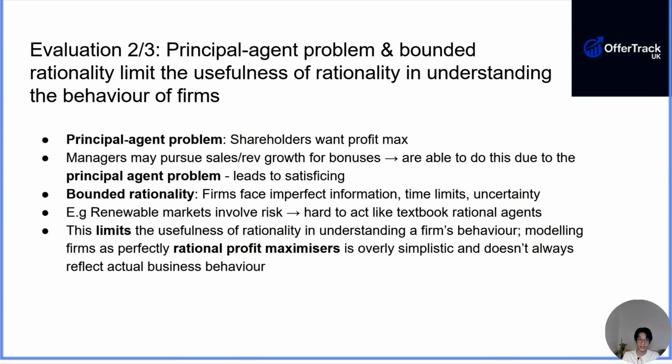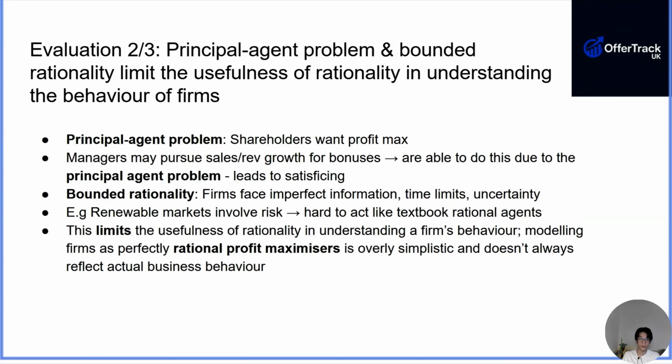That leads to satisficing behavior, doing just enough to keep both sides happy without actually optimizing anything. And the managers are able to do this due to the principal agent problem, which is the divorce of ownership and control between managers and shareholders. I'm telling you, if you include this in your essay, you'll get top marks.